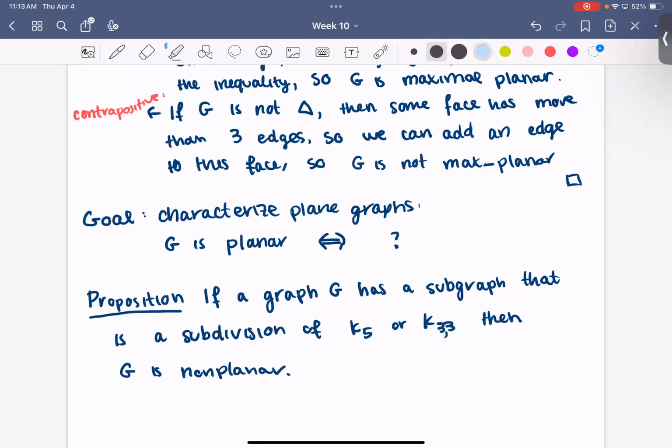And this was from a while ago. So what is a subdivision? That's if I take an edge and just replace it with a path that might have more vertices along it. Or another way to think about this is, if you have an edge, you're just adding more vertices into that edge.